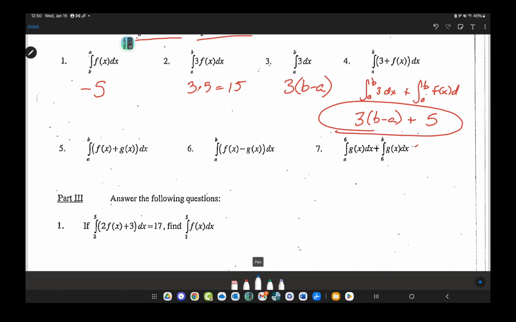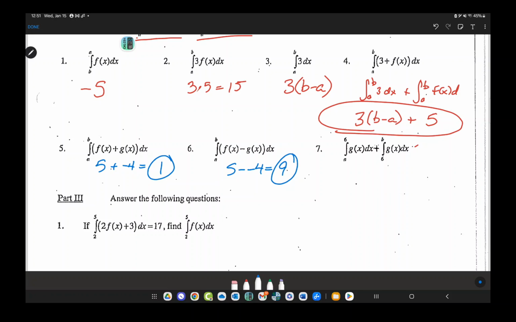All right, what's number 5? Negative 1. So 5 plus negative 4 is 1. What about 6? 5 minus negative 4 is 9.